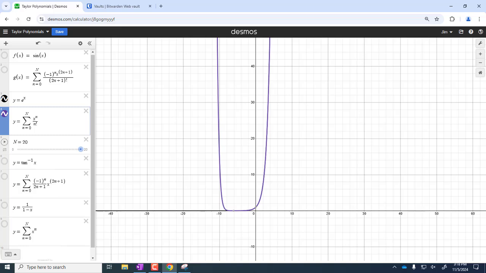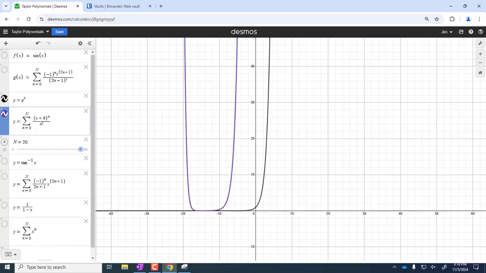But the better thing to do, if we wanted to match at -10, is to move our center over. That would be the easiest way. Let's just say we center it at 8, or whatever I typed in. Yep, I wanted the center at negative, so that has to be a plus. So if I want it over that way, it's still not matching very good at 10 though, is it?